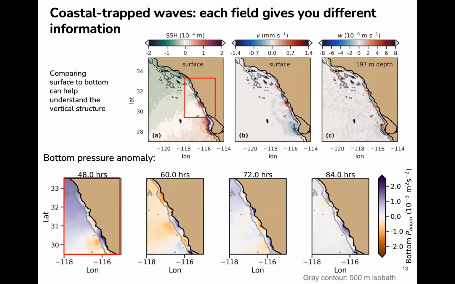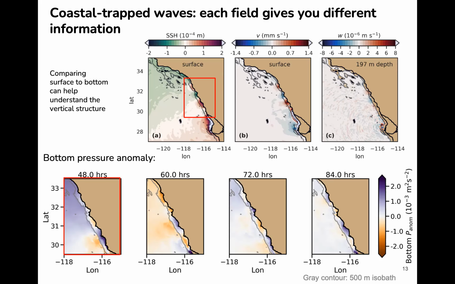As for the coastal trapped waves, the nice thing about looking at different things is that each field gives you different information, right? So we see, for example, here in sea surface height, these are not the exact same times, but this is just a little zoomed in version of this. And we see, for example, that outside of the shelf, and this is the 500-meter isobath, sea surface height has the same sign, right?